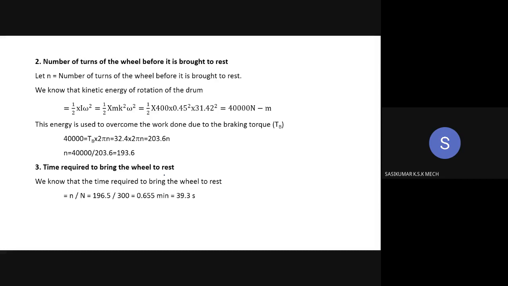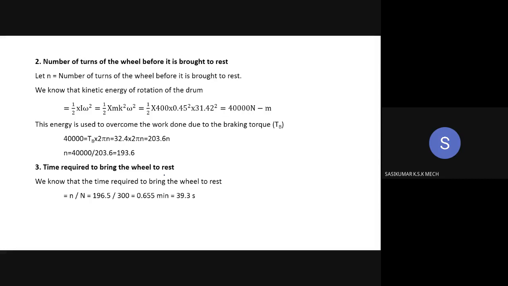Braking torque is TB. So 40,000 Newton meter is the kinetic energy, equal to TB into 2 pi n, where n is the number of revolutions. On substituting there, you may find 196 revolutions. It will turn that many times before coming to the stopping position. So that is the number of turns of the wheel before it is brought to rest.